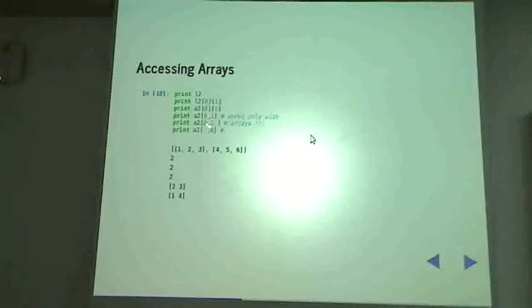Similarly for A2, a colon means you print all values of the first dimension but only the first value of the second dimension. So what is it going to print? It's going to print 1 and 4. So you can do any kind. This is called array slicing, and we are doing multi-dimensional array slicing.